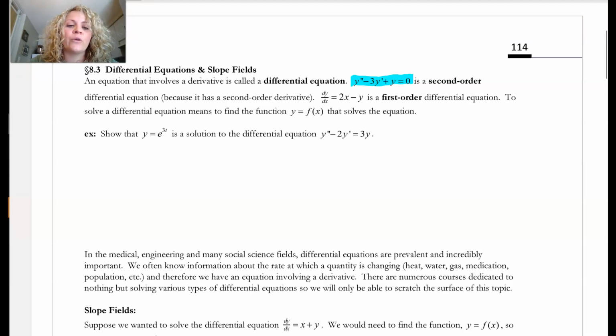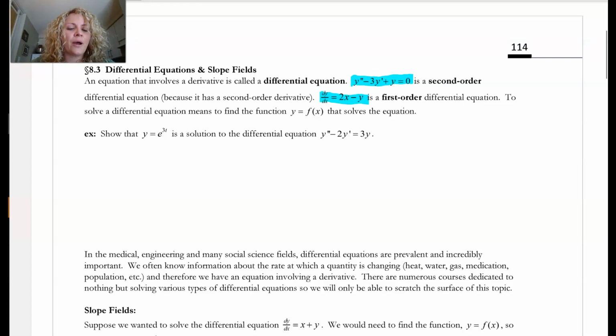We could specifically call this a second order differential equation because y double prime is a second order derivative. The one beneath that, dy dx equals 2x minus y, is an example of a first order differential equation because dy dx is the same as saying y prime, it's just different notation.